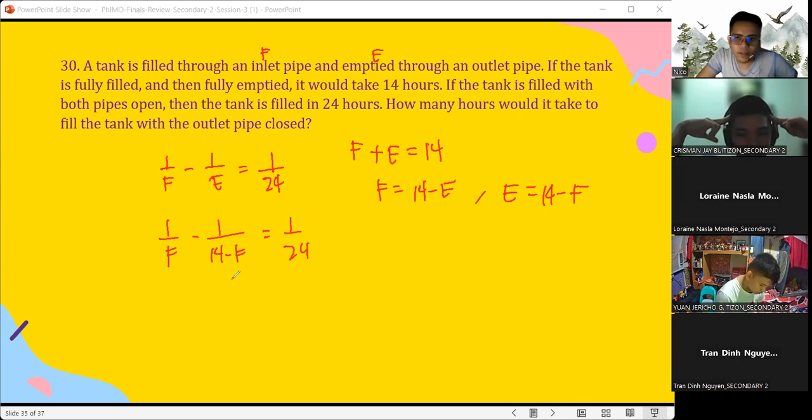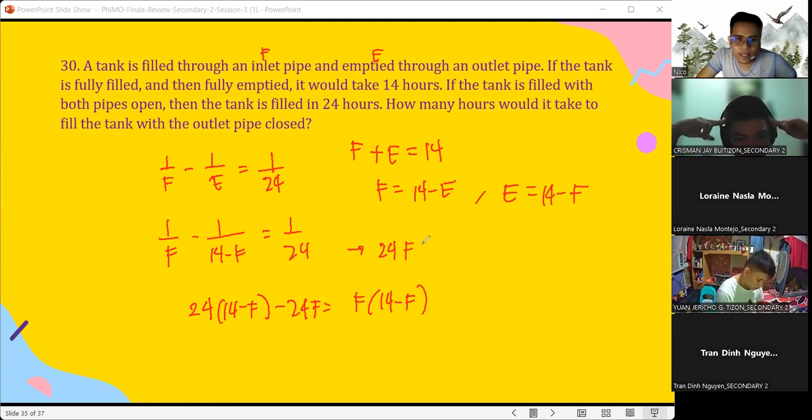You'll get 24(14 minus F) minus 24F is equal to F(14 minus F). Okay, LCD lang, the LCD which is 24 times F times (14 minus F).